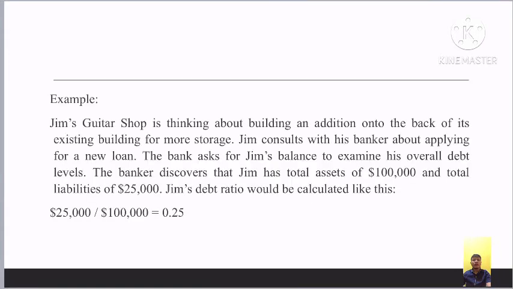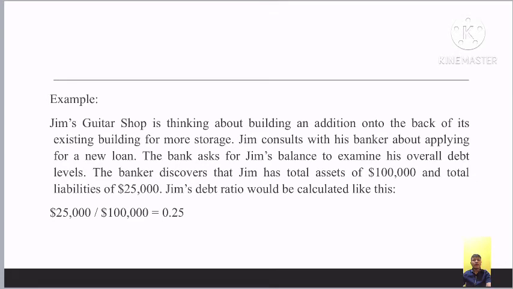For example, Jim's guitar shop is thinking about building an addition onto the back of its existing building for more storage. Jim consults with his banker about applying for a new loan. The bank asks for Jim's balance sheet to examine his overall debt levels.